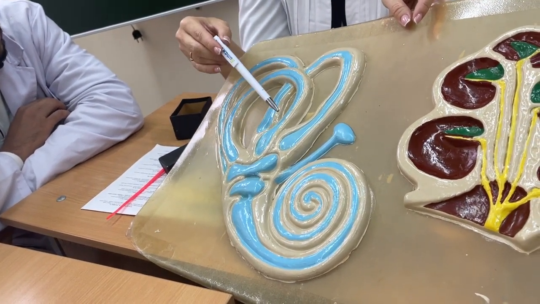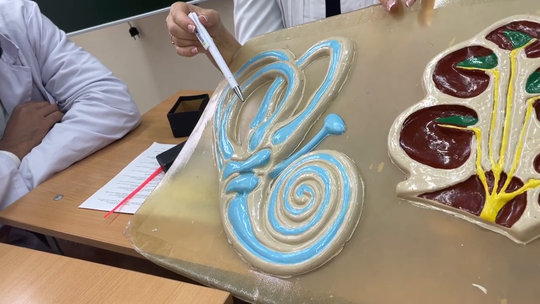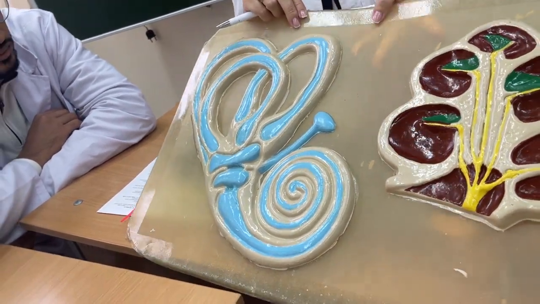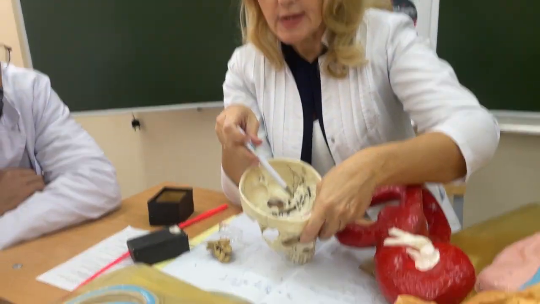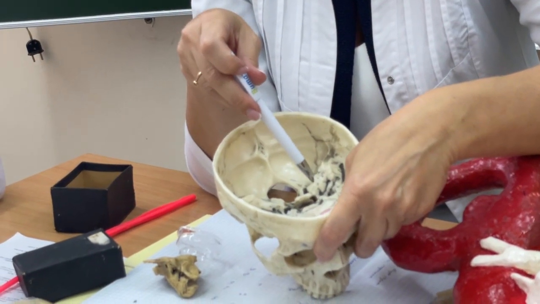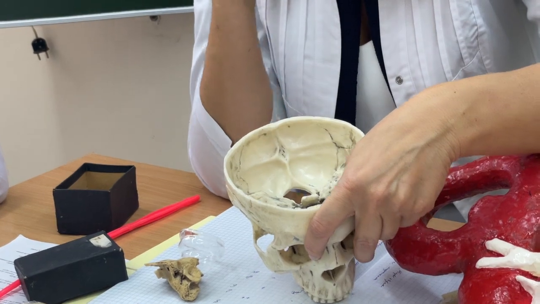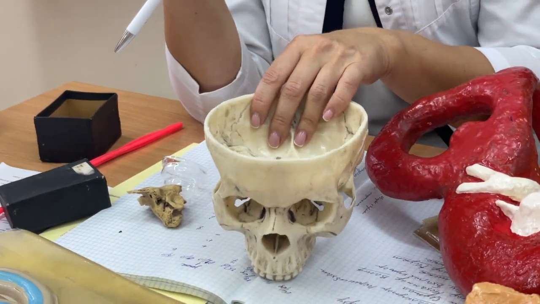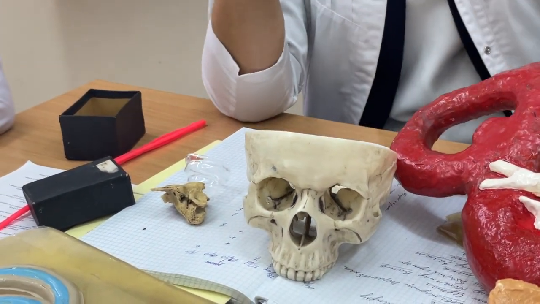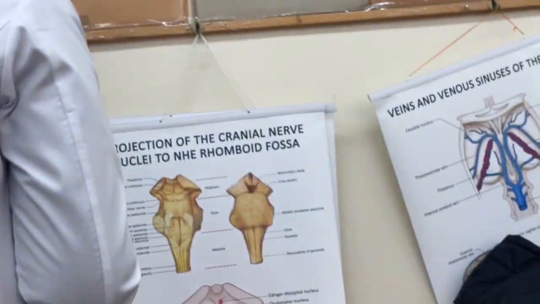From these receptors, the impulse is directed to the vestibular ganglion, located in the depths of the internal acoustic meatus, and from this ganglion, the impulses go to the vestibular part of the eighth pair of cranial nerves, terminated in the vestibular nuclei. There are four vestibular nuclei, superior and inferior, lateral and medial.